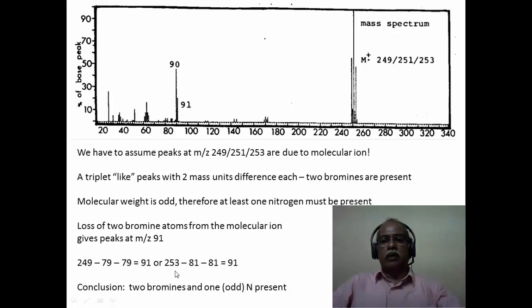In other words, 253 also can be taken. If you take 253, it will be loss of the 81 isotope of bromine, and another 81 isotope of bromine, corresponding to 91. So the 91 peak seems to indicate that the fragmentation is by loss of bromine. So we conclude from the mass spectrum that there are 2 bromine atoms and 1, or an odd number of, nitrogen atoms present in this particular system.